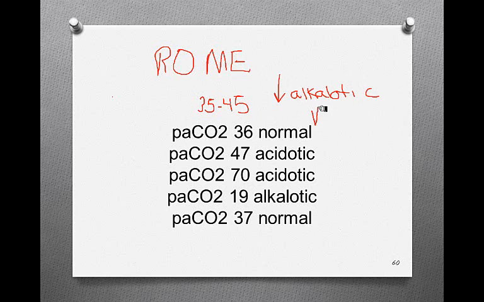When it's high, it's acidotic. So we have a PaCO2 that's 36, that's normal. We have a PaCO2 of 47, that's acidotic, so above 45. We have a PaCO2 of 70, it's acidotic again, really acidotic. A PaCO2 of 19 is alkalotic, and a PaCO2 of 37 is normal.